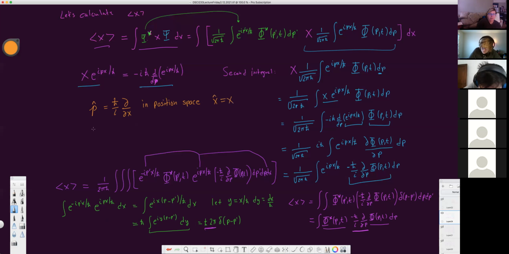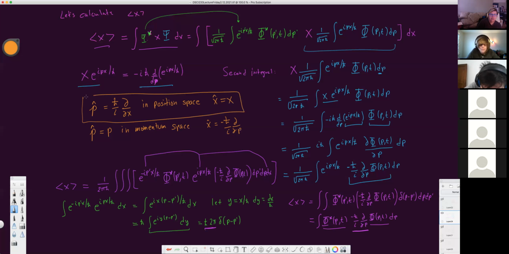But in momentum space, p hat is just p, and x hat is minus h bar over i partial p. So there's this equivalence between the position space guys and the momentum space guys. Now, we haven't proven that p is just p, but I hope it makes logical sense that that's what it would be.